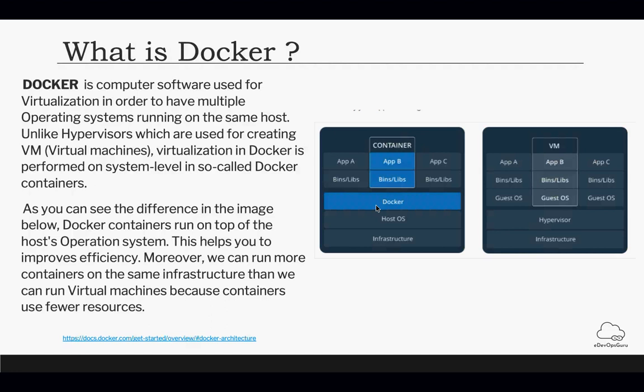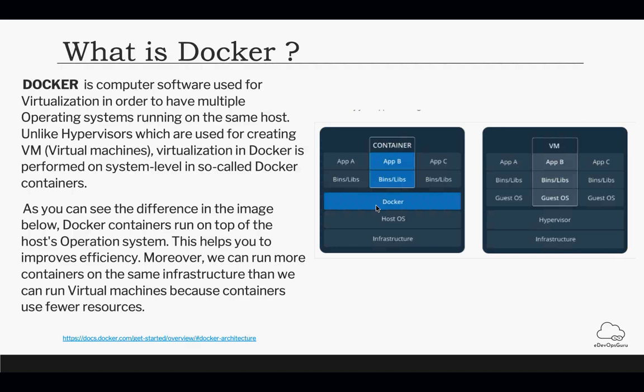Similar to virtualization, here also we can run multiple flavors of the operating system. For example, you can have a container with a Red Hat flavor, and similarly container B can run a CentOS flavor, or container C can run an Ubuntu flavor of Linux.